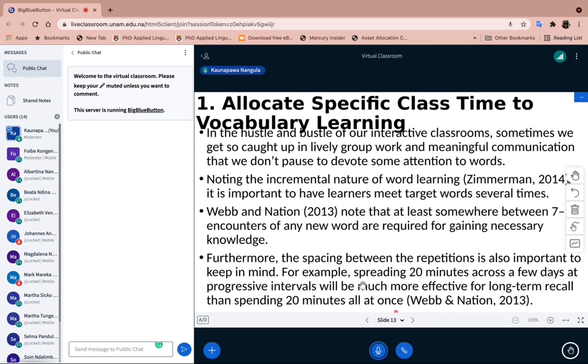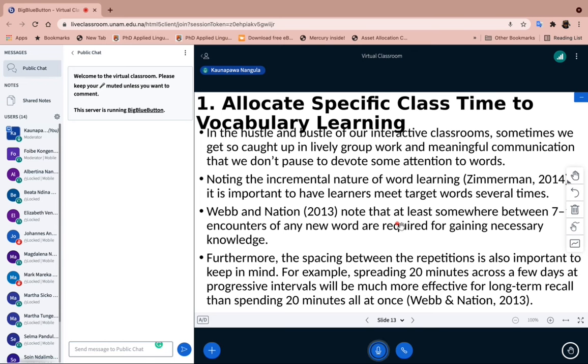And then they also suggest that you shouldn't just say, since research says they need to meet it 7 to 16 times, we're going to spend, let's say, 30 minutes on these words that we want our learners to learn. That's not the advice that we are given.